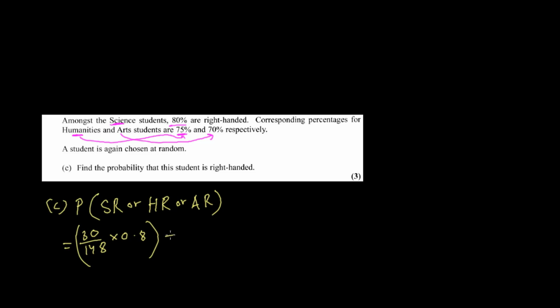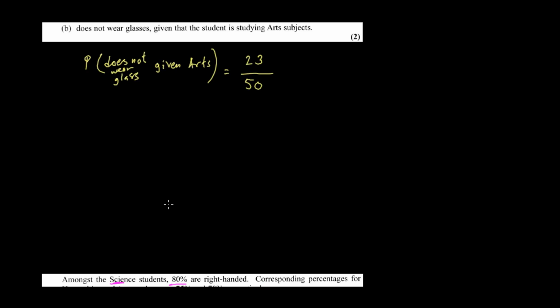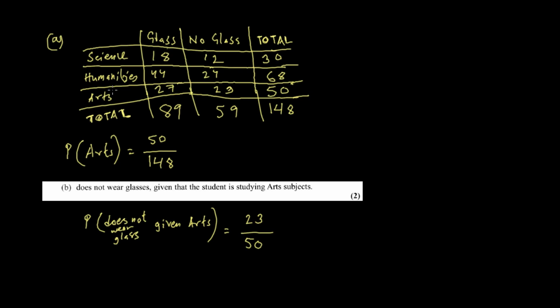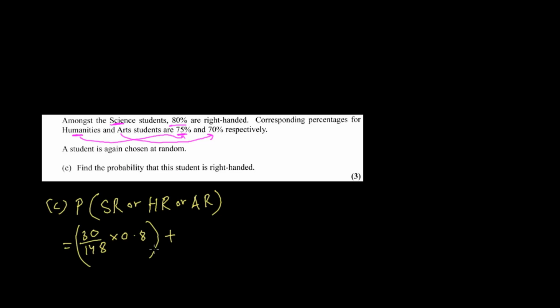Or means the or rule, addition. Then we have humanities student and right-handed. Let's check the table again. There are altogether 68 students who are humanities students. Remember, that is the event, and the total is 148. So it means 68 by 148 and right-handed. So the probability of humanities students and right-handed means multiplied by 75%, 0.75. Or probability of art student and right-handed.